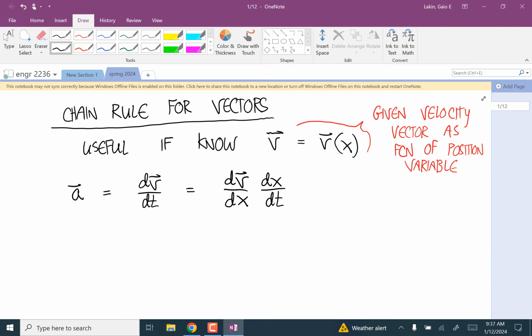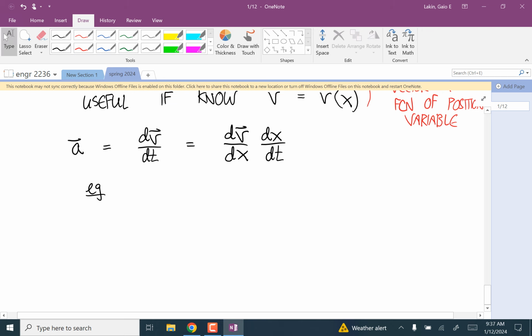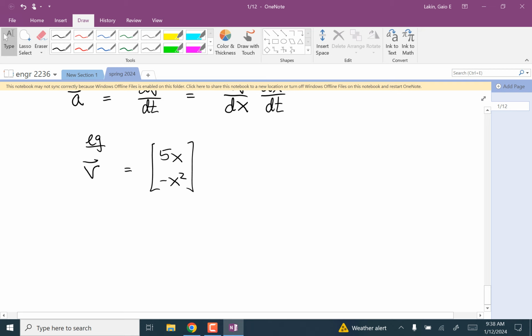So let me show you how you could use this. For example, if you know that an object's velocity vector is equal to (5x, -x²), and you want to know what its acceleration vector is at x equals 2.